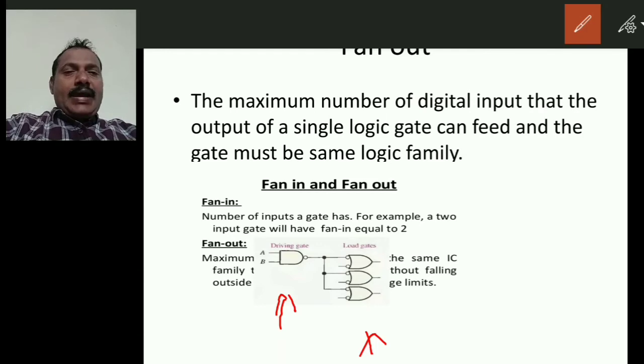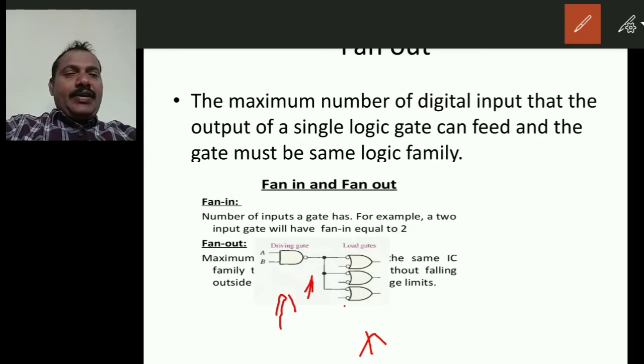Then this AND gate output is driving 3 gates. That means this output is given as input to 3 other bubbled input OR gates. So this is the fan out of that particular gate.